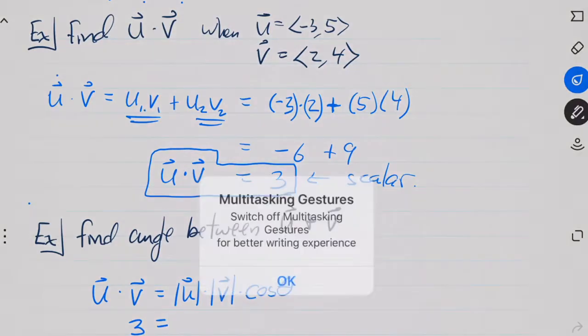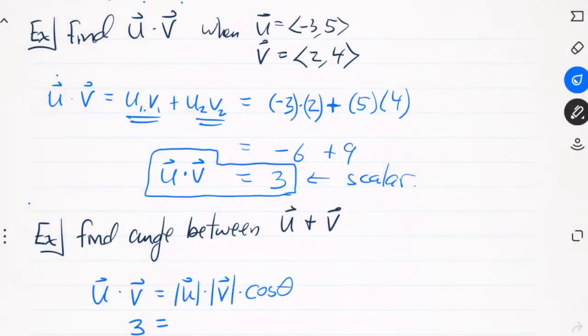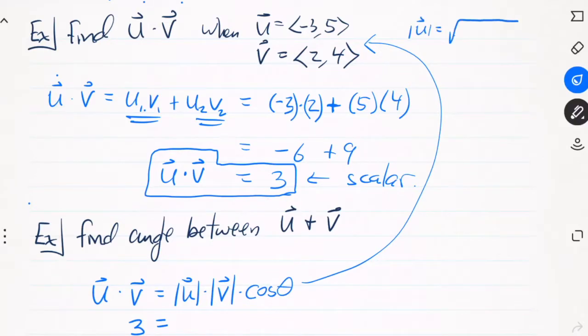So if I go back up to the top, and find their magnitudes, the magnitude of u is going to equal the square root of negative 3 squared plus 5 squared, better known as 9 plus 25, better known as square root of 34.